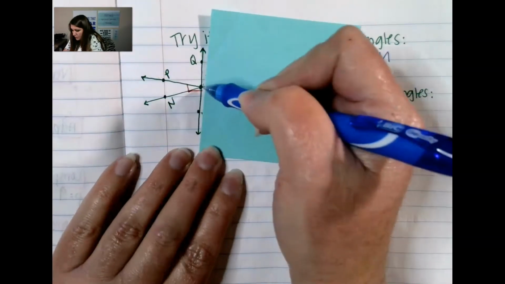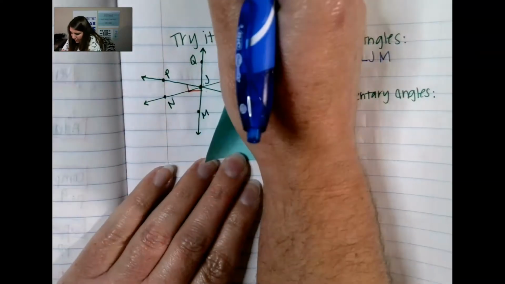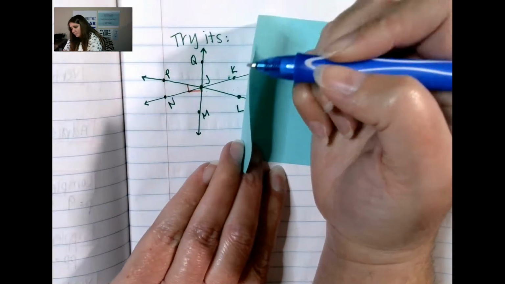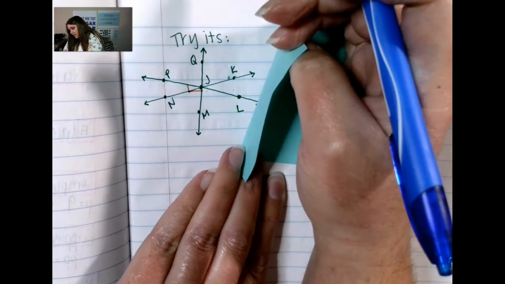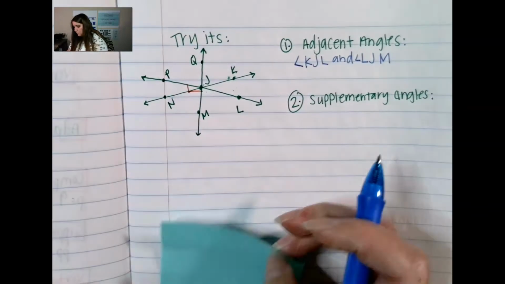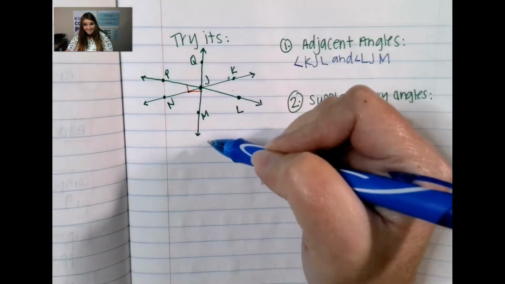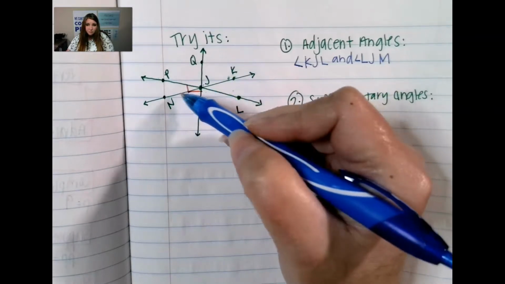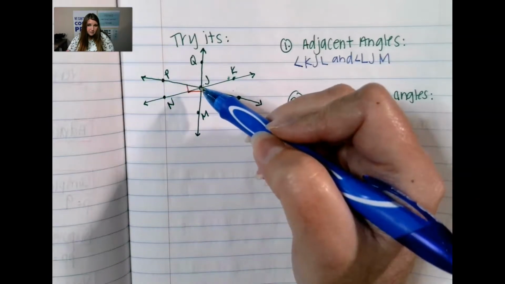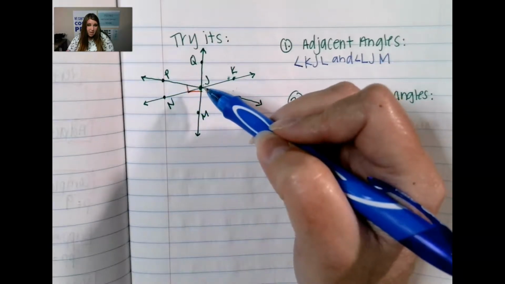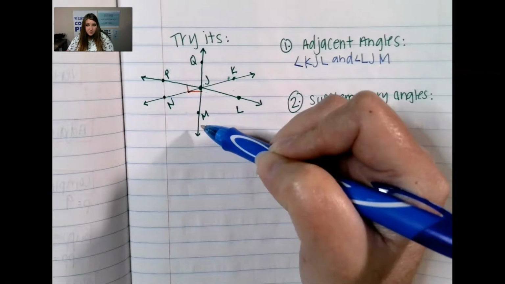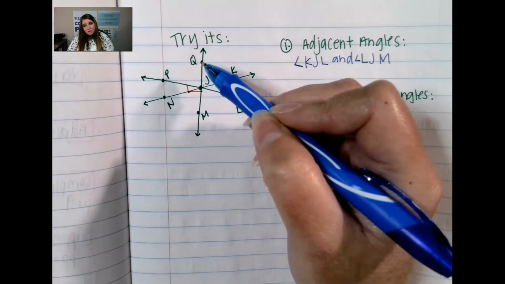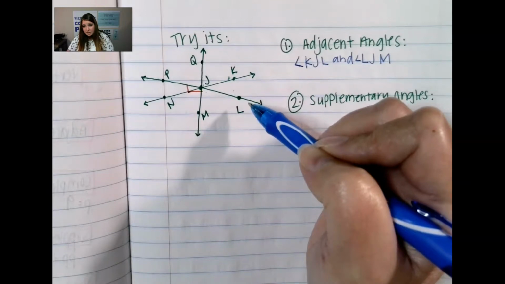So you could have Q, J, P, and P, J, M. You could also have P, J, Q, and Q, J, L, because that forms a straight line.